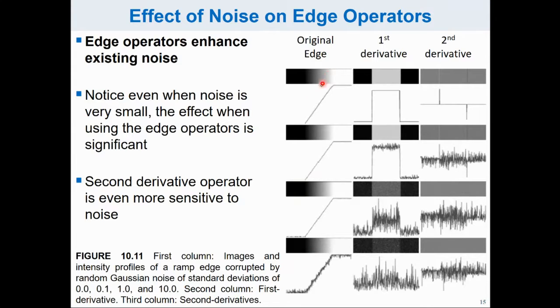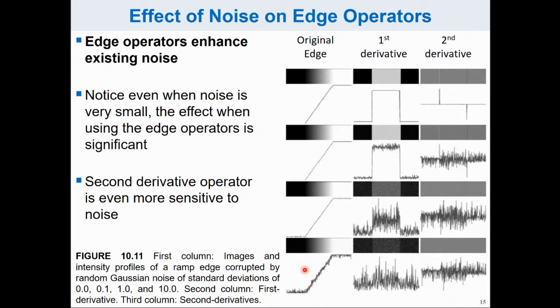So if I take the intensity, just looking at the intensity profile over here, and then over here, and then over here, you see the effect of the noise is evident as we start adding noise to the image.